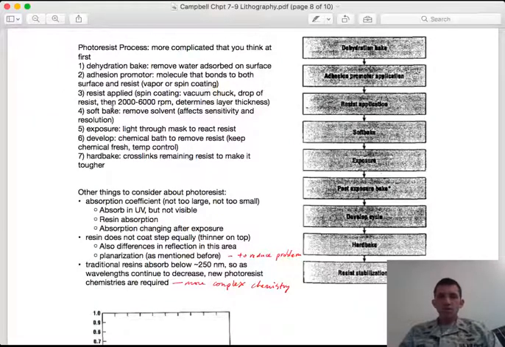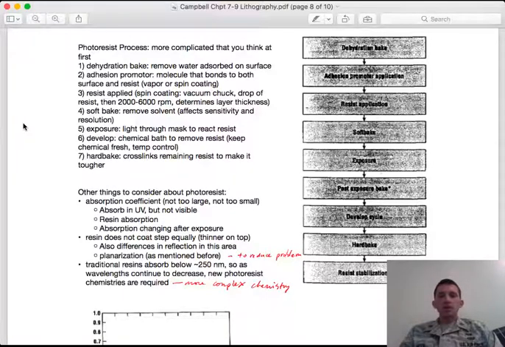Spin coaters basically have a spinning chuck that you put the wafer on, and it spins very rapidly, a couple thousand RPM.